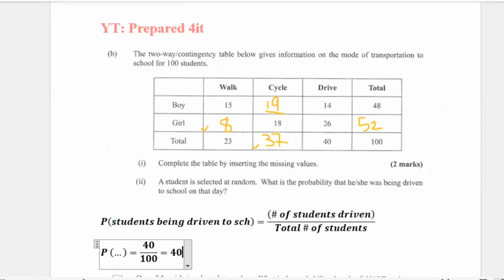First, if you cancel the zeros, you get 4 over 10, which can be further simplified to what Alicia or Selena have, which is 2 over 5. So the probability that a student selected at random was driven to school is 2 over 5. Get me, Renisa?